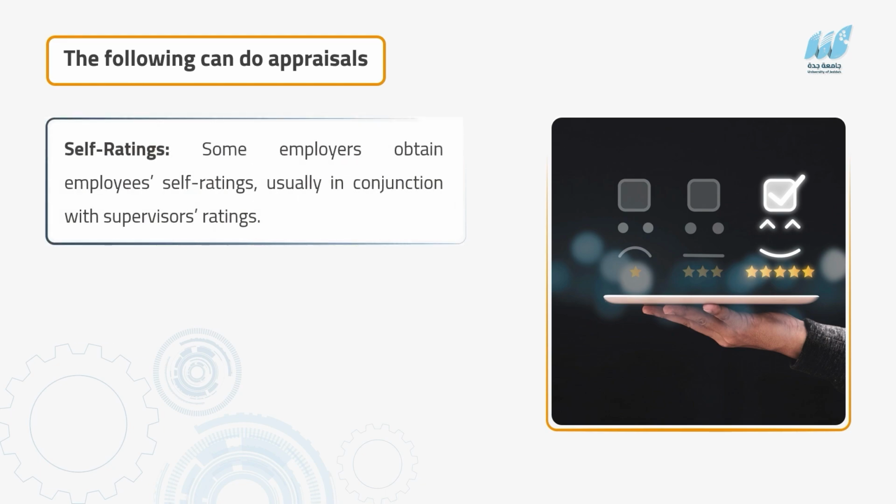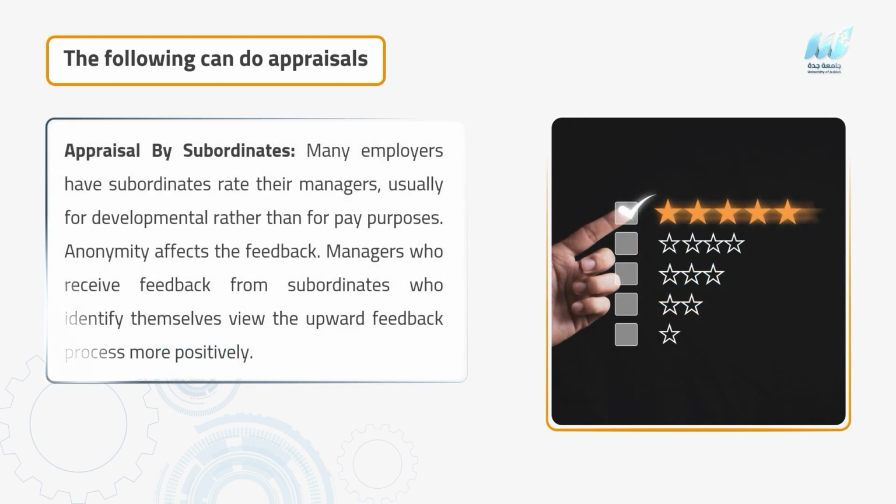3. Self-ratings. Some employers obtain employees' self-ratings, usually in conjunction with the supervisor's ratings. The basic problem, of course, is that employees usually rate themselves higher than do their supervisors or peers. 4. Appraisal by subordinates.